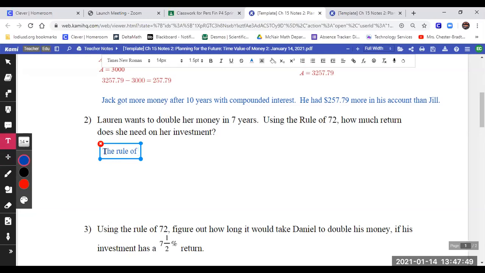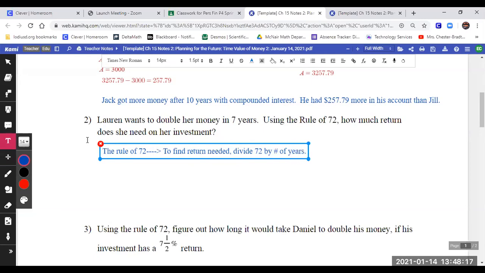The rule of 72 does this. To find the return needed, divide 72 by the number of years.